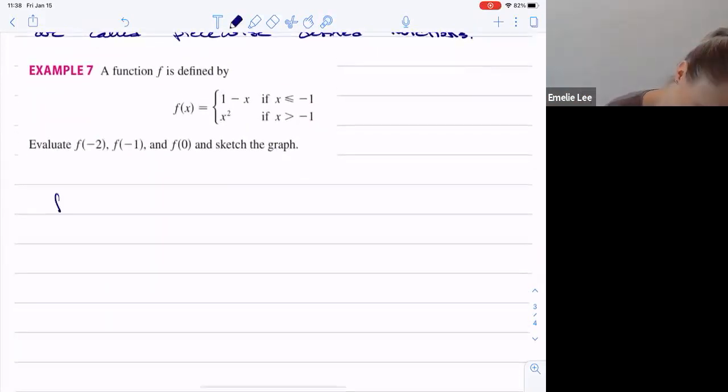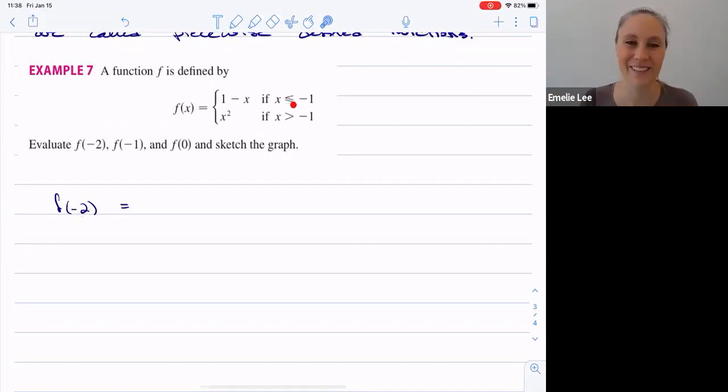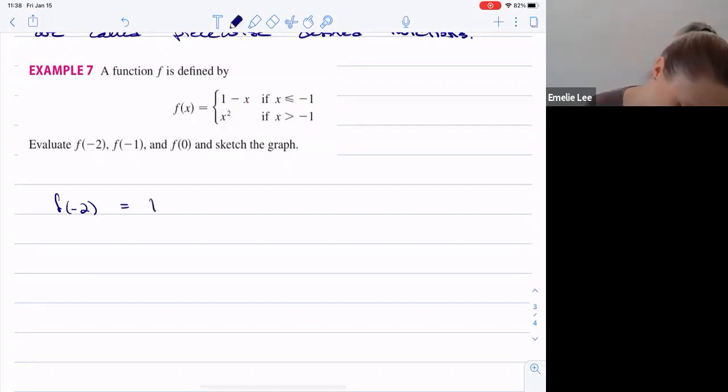So we've got f of -2. Well, -2 is less than or equal to -1, and so here we've got 1 minus x. And x in this case is -2, so I'm going to throw that in. 1 minus -2.